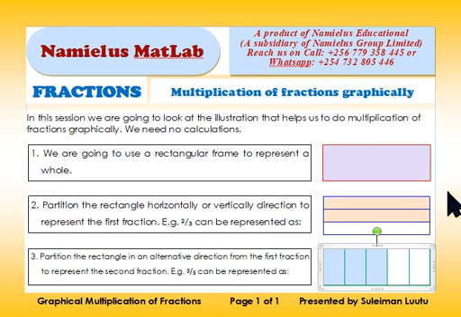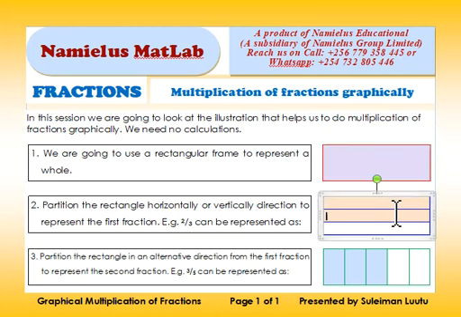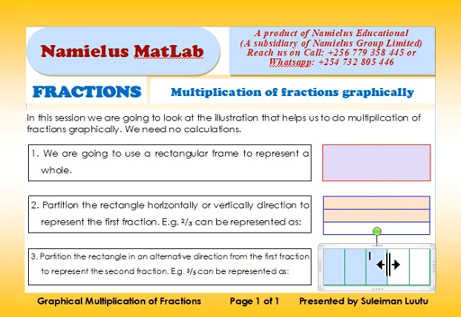The only rule here is for a whole, we have one. We have a fully shaded rectangle. Then the first fraction to be multiplied, we have it horizontally. It can be horizontally or vertically partitioned. If this is vertical, then this one is horizontal.